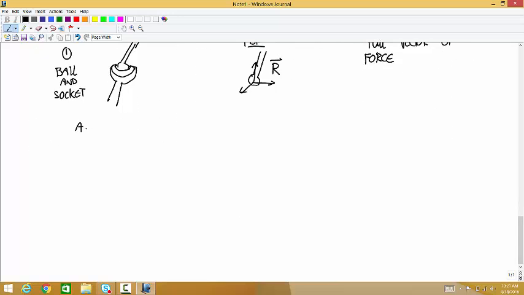And the acceleration that's restricted is all translational acceleration relative to the base member.